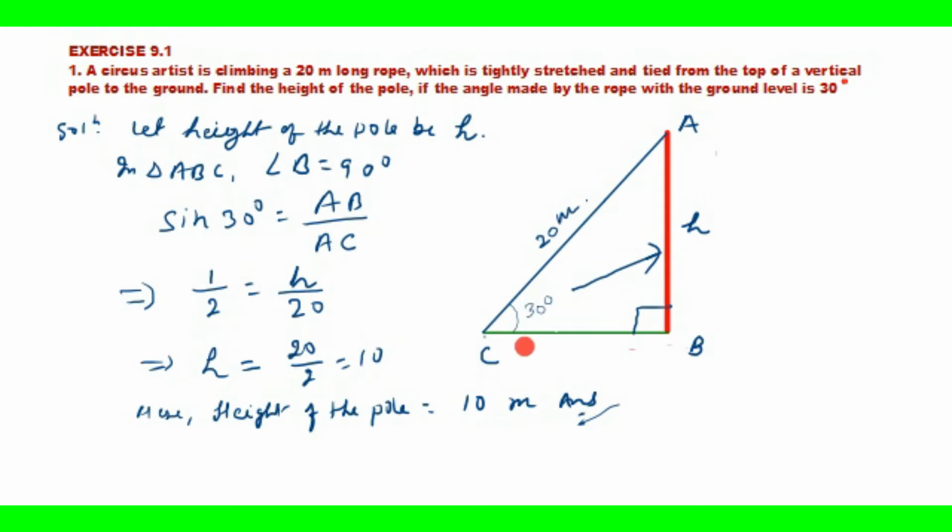So sometimes you get a question to find the angle, sometimes to find the sides. You only have to work out how the given sides are related according to the trigonometric ratio. As here, perpendicular and hypotenuse are related with sine, and the angle given is 30 degree. So sine 30 degree is taken as AB by AC, put the value here and simplify to get the answer of the solution. Okay, I hope you understood.